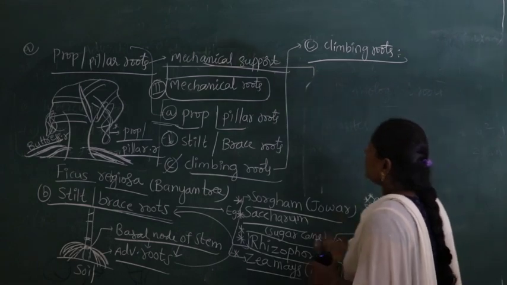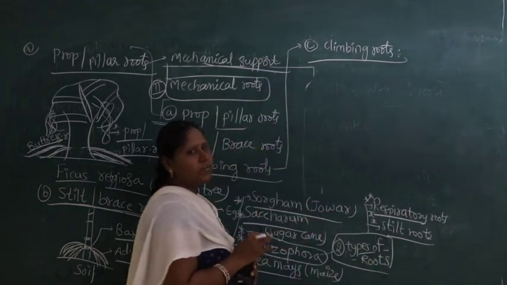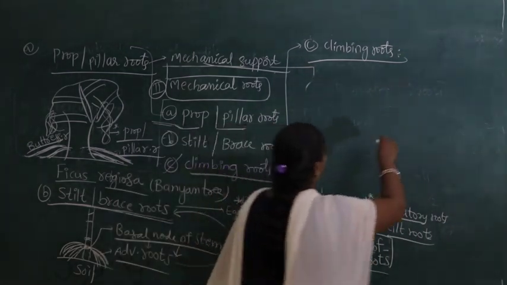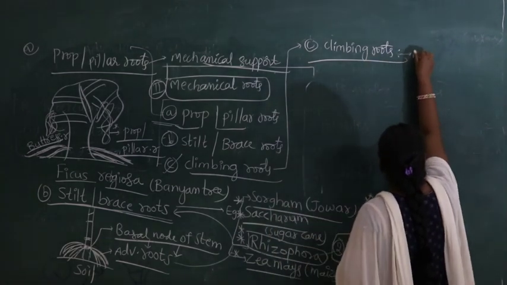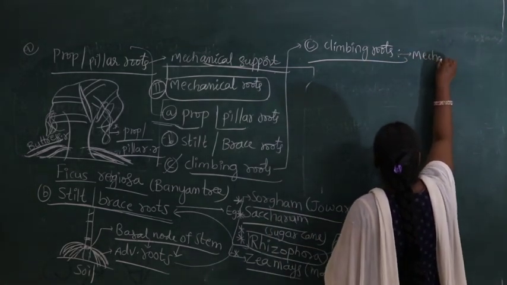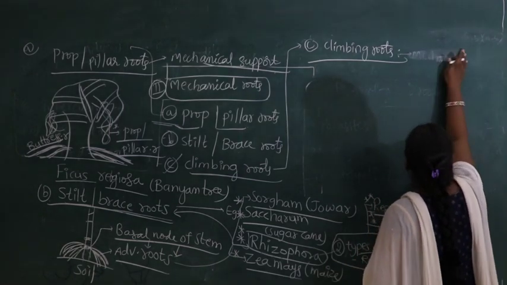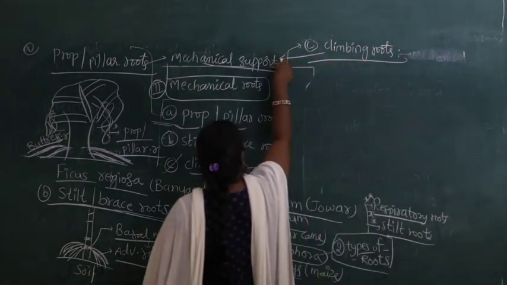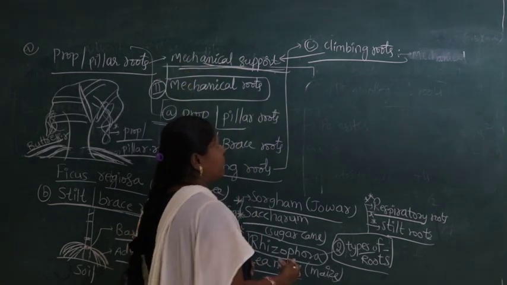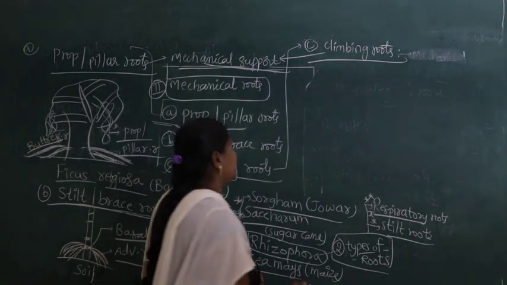Now if you look at here in case of climbing roots, here we say that they also provide mechanical support, no doubt. Yes, they provide what we call mechanical support.